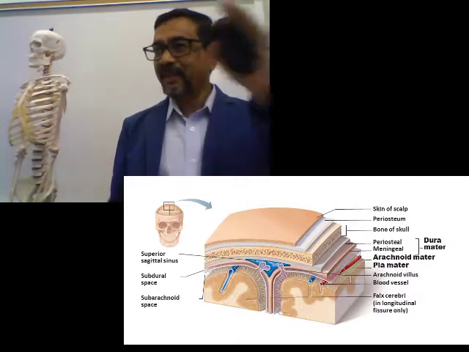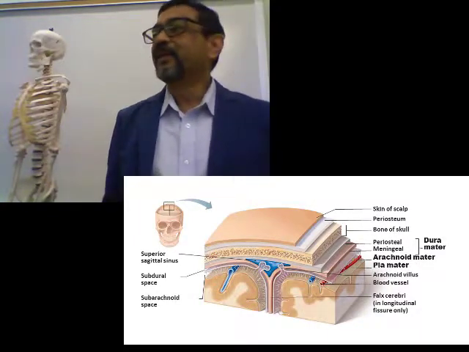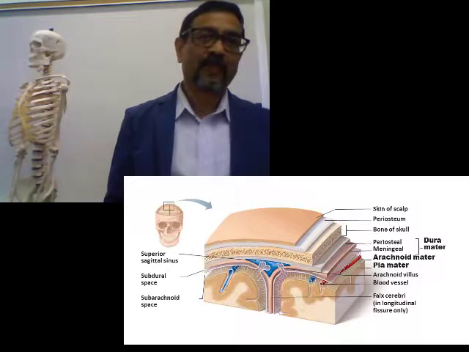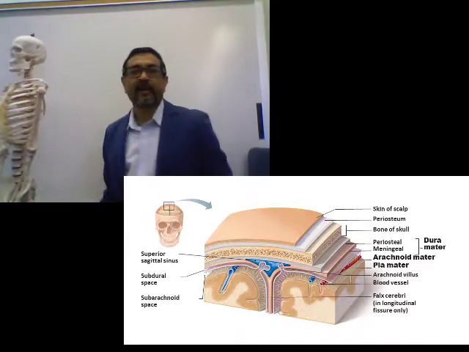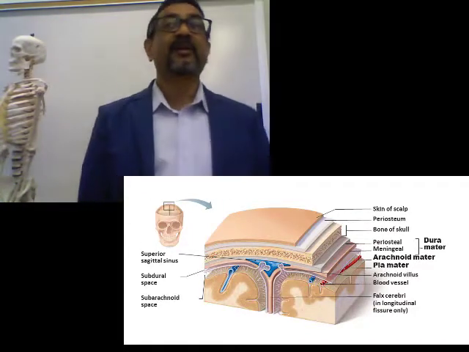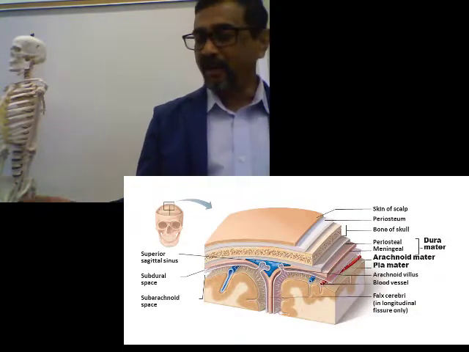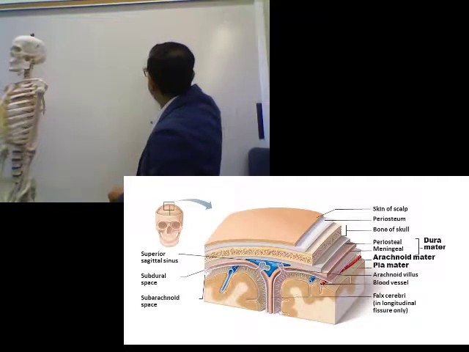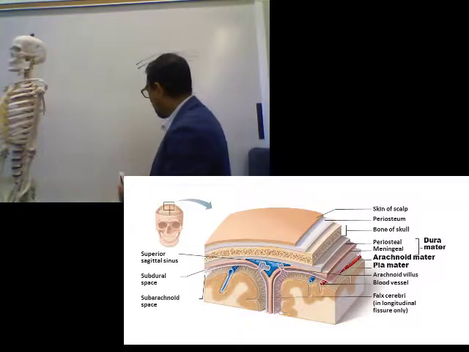So those are the three membranes or layers of the meninges: dura, arachnoid, and pia mater. And under the arachnoid mater you have a fluid that is called cerebrospinal fluid.